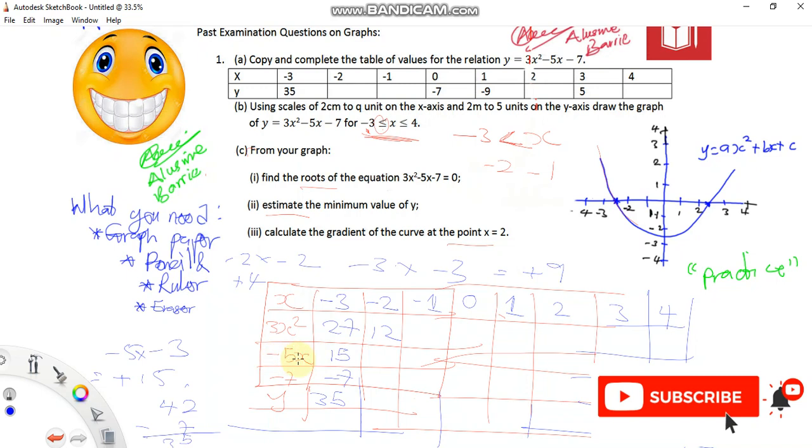Minus times minus is plus. 5 times 2 is 10. And then we put our minus 7. So we do the same thing as we did here. 12 plus 10 is 22. 22 minus 7. In fact, let's just say 20 minus 5 is 15. So we have 15 in this case.